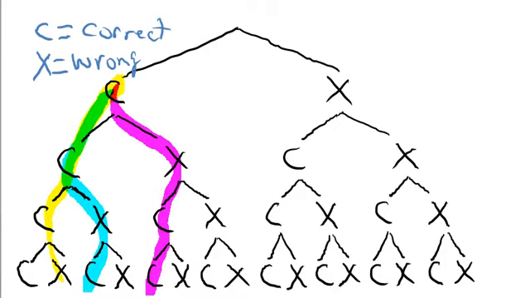Now any other branch down here, since you've already got one wrong, you can't choose any of the rest of these because you're going to get another one. So you'd have to go over here to see if there are any more. You've already got one wrong at this point, so the only way you can go down this branch is to go down the branch where nothing else is wrong, and that would be this one. And then you can scan through, but there are then just 4 ways to do this.